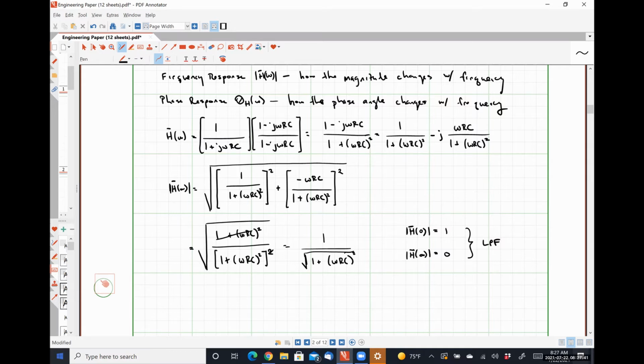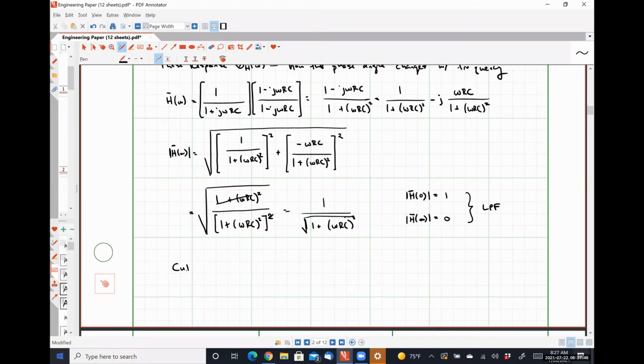So our cutoff frequency, for real practical filters, is defined to be the frequency at which half of the signal power is attenuated.